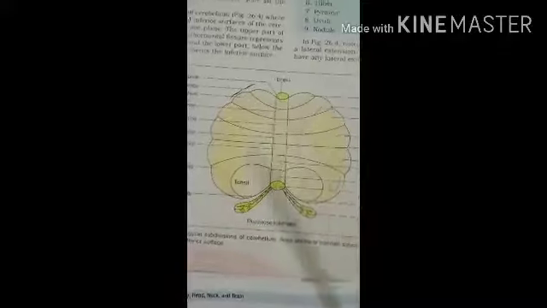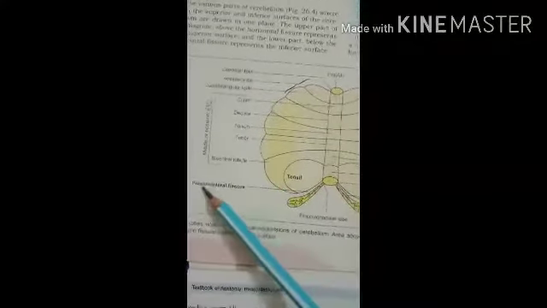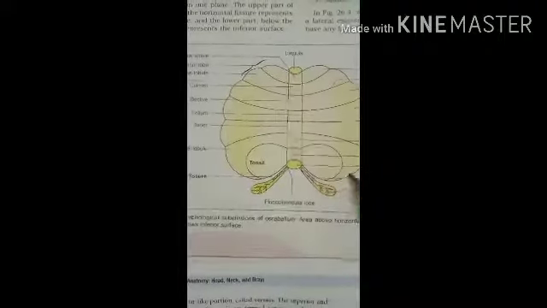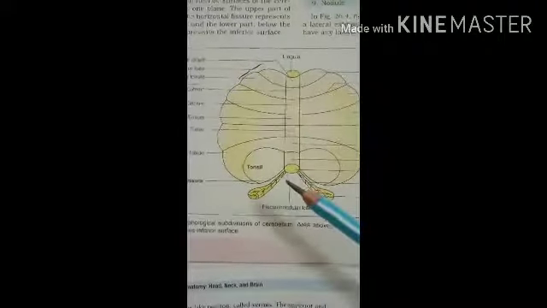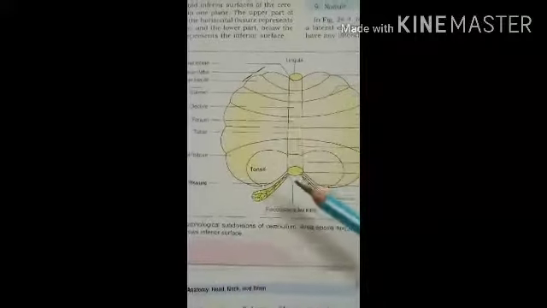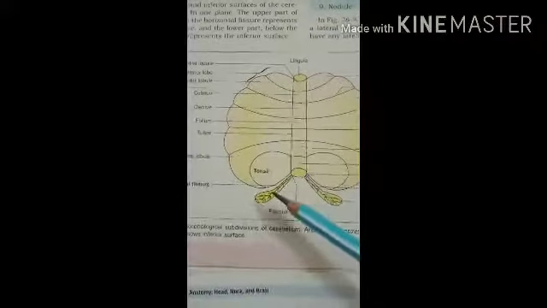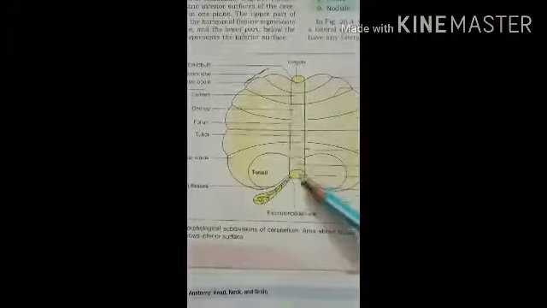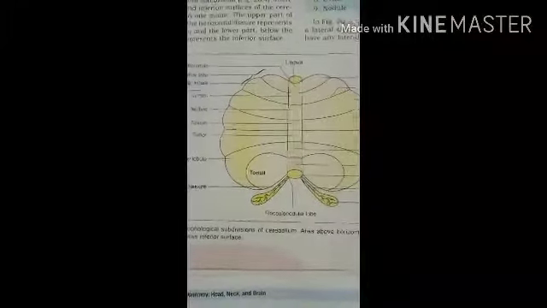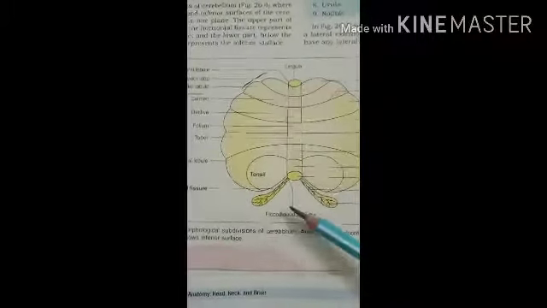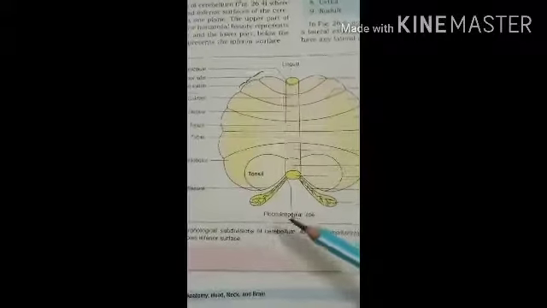Then the second one is the posterolateral fissure. Here you can see the posterolateral fissure, this one and this one. The posterolateral fissure lies on the inferior surface of the cerebellum, and separates the flocculonodular lobe from the rest of the cerebellum.